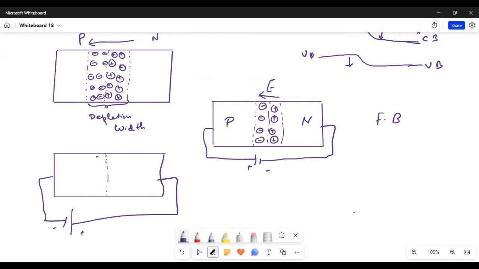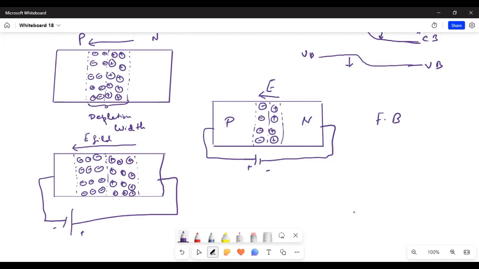Then this depletion region is negative, so it will attract holes and more ions will be uncovered. So the depletion region only increases.